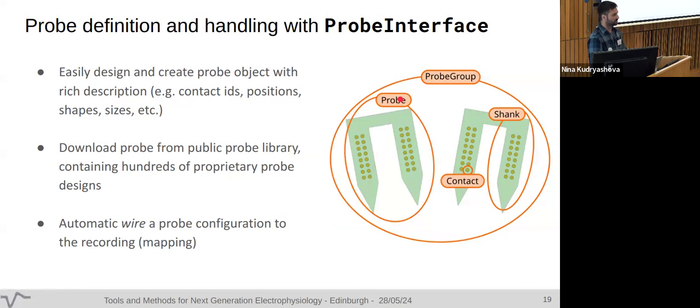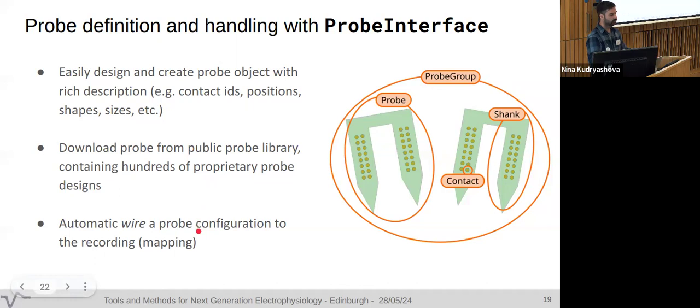So we developed a project which is called SpikeInterface. SpikeInterface is basically a framework that allows you either to create a probe from scratch and pass it to SpikeInterface. We also have a public probe library that now contains all the probes from Cambridge Neurotech, which is one of these vendors, and we're happy to include more probes and more options as they become available and if they want to collaborate with us.